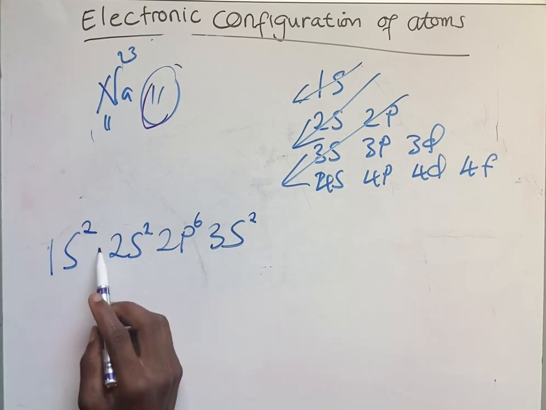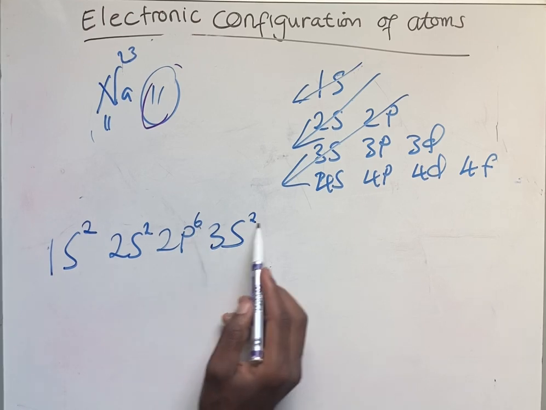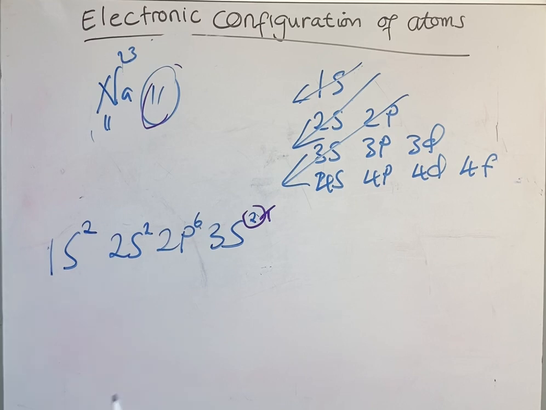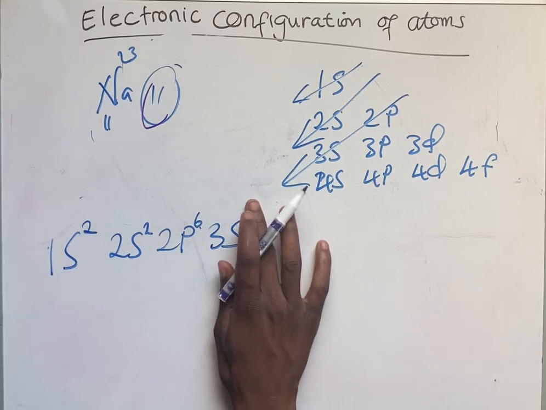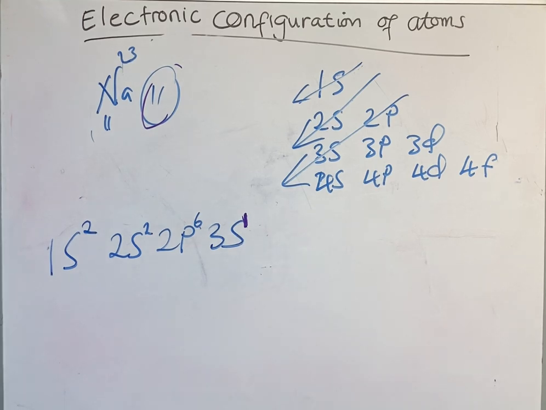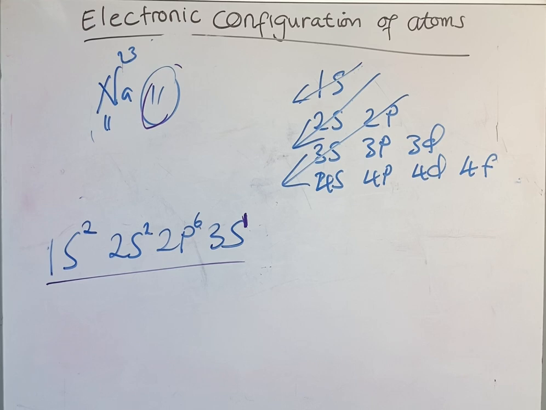When you add these, 2 plus 2 is 4, plus 6 is 10, plus 2 gives us 12. So this becomes wrong. Instead of writing a 2, we just write the number of electrons remaining, which is 1 in this case. So this is the electronic structure for sodium.